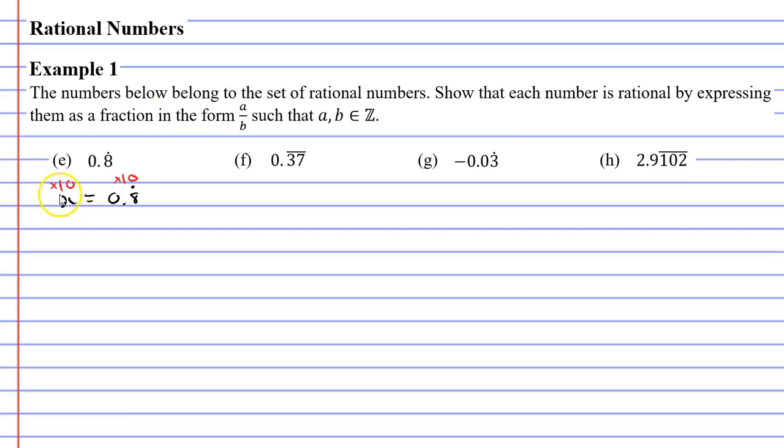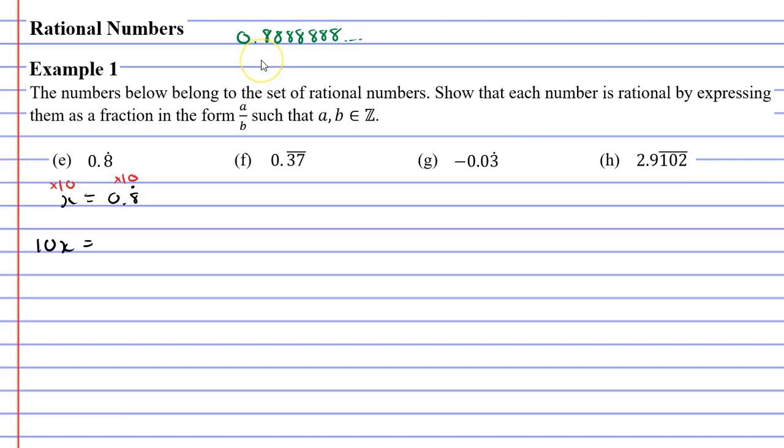Now, x times 10 is really simple. That's just 10x. What happens when you multiply a repeated decimal by 10? Well, to illustrate this, I'm going to write it up above, except I'm going to write 0.8 repeater with lots of 8s, like so.